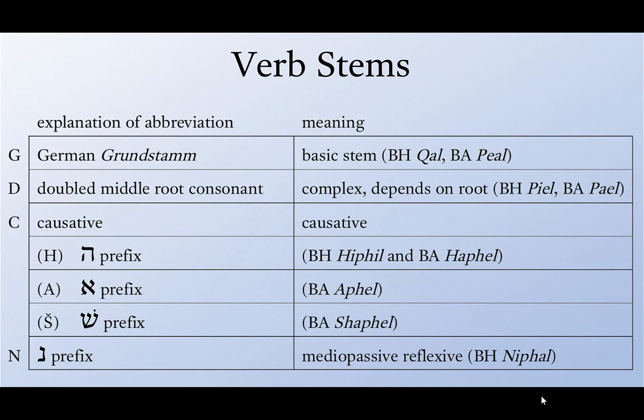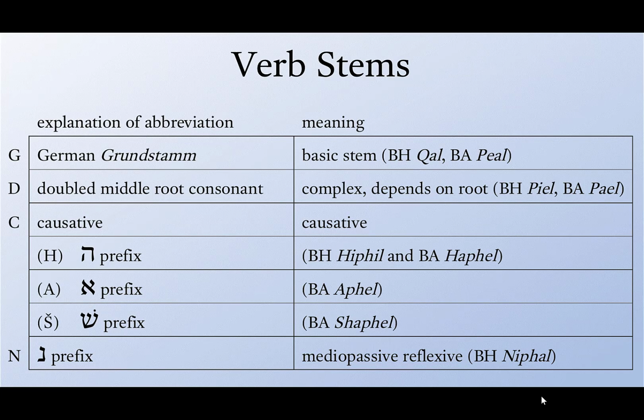This is what I mean. On the left, we have letter abbreviations. So G, what's the G stem? Well, it's the Grundstamm in German, which means the basic stem. In biblical Hebrew, we know that this is the Kal. And in biblical Aramaic, it's going to be the Pa'al, which means that certain vowels that sound like Pa'al are attached to Pei, Ayin, Lamed to produce that title.